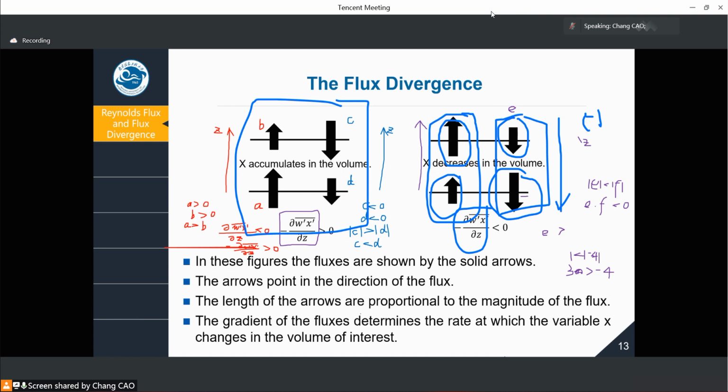This is called flux divergence or flux convergence. Okay, convergence and divergence. And finally, we should know that the gradient of the fluxes just determines the rate at which the variable x changes in the volume of interest. Okay, so that's the final point here.